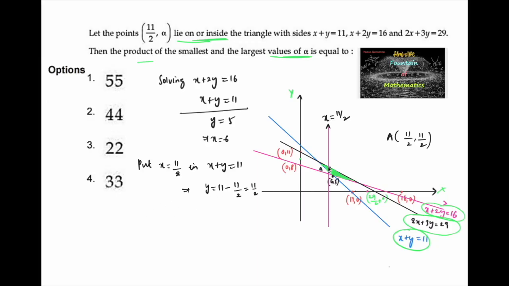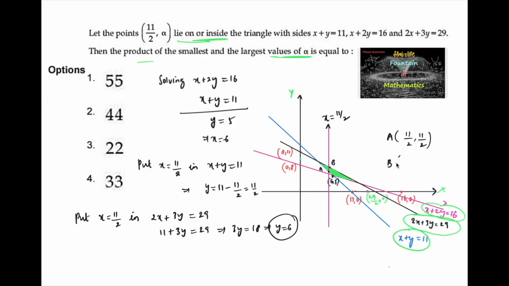And also let us substitute x is equal to 11 by 2 in the other line, 2x plus 3y is equal to 29. 2x is nothing but 11. 11 plus 3y is equal to 29. So we got 3y is equal to 29 minus 11, that is 18. So y is equal to 6. Say this point is B. So B is the point (11/2, 6).